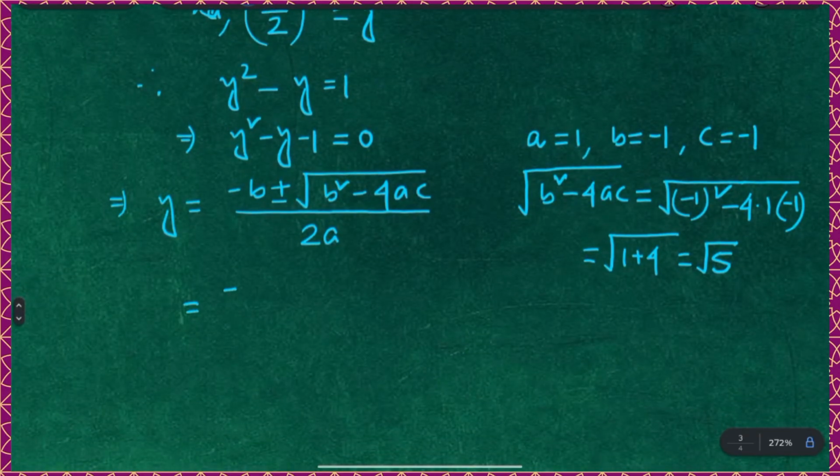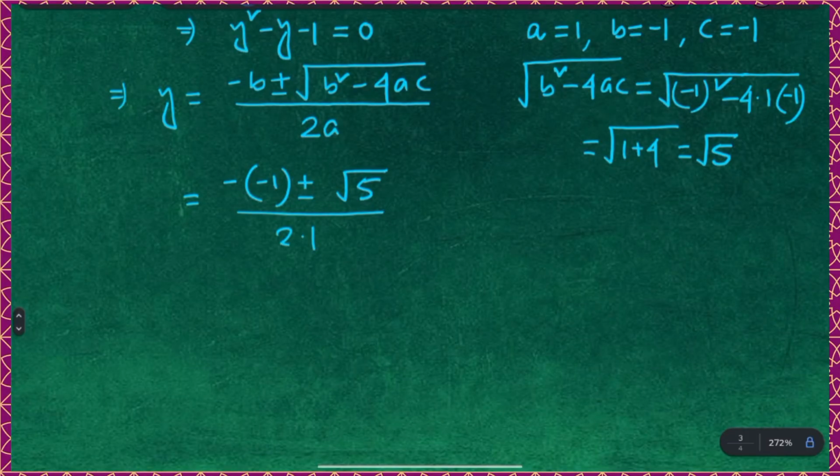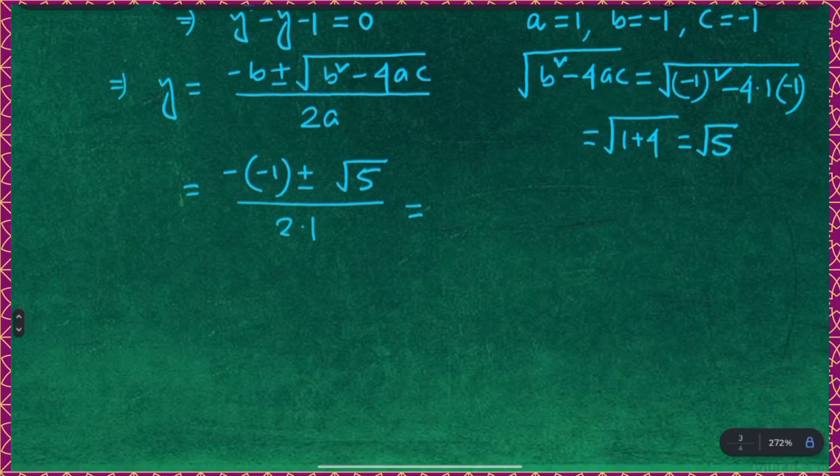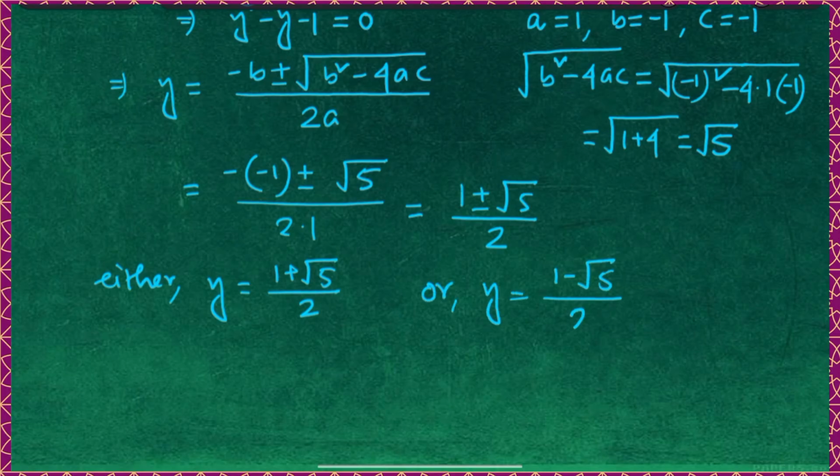Here minus b is minus of minus 1, plus or minus root 5, divided by 2 into 1. So this is 1 plus or minus root 5 by 2. Now either y equals (1 plus root 5) by 2 or y equals (1 minus root 5) by 2.